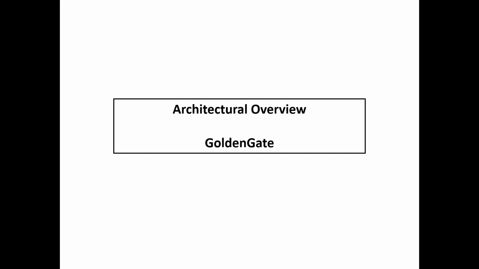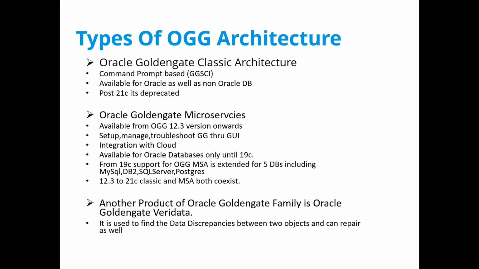Now we will discuss the different architectures of Oracle Goldengate, what the classic architecture is and what the other architecture is. There are two types of architectures available in Goldengate. One is classic architecture and the second is microservices.